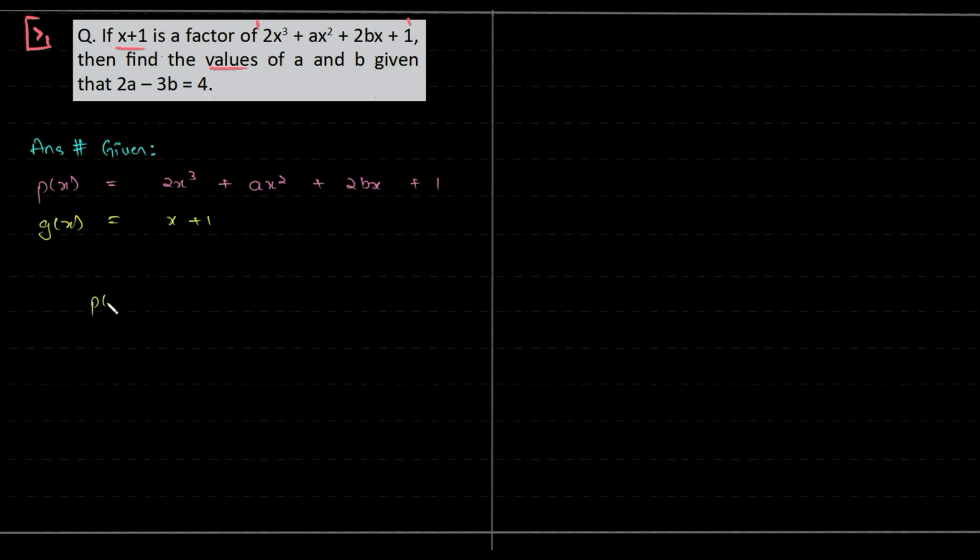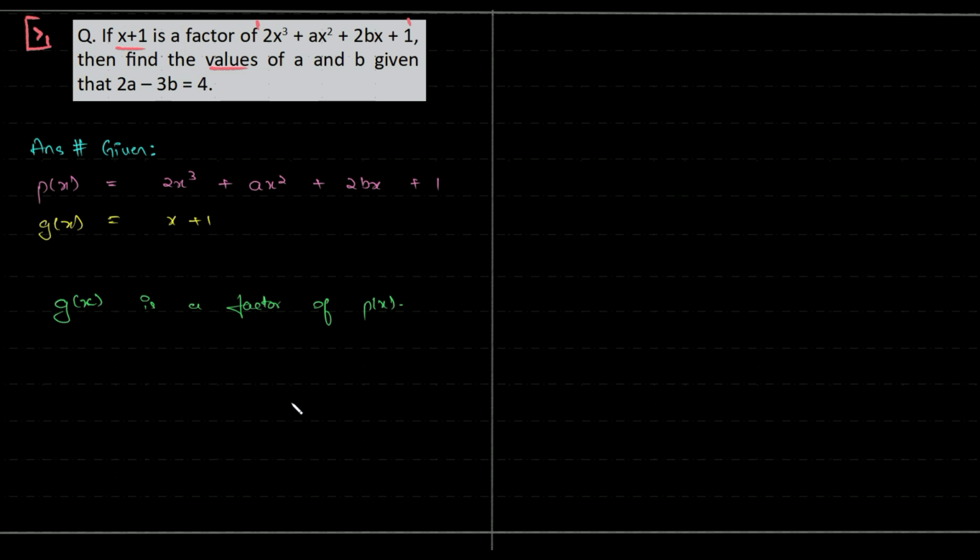So g of x is the factor of p of x. I think that's much easier to write. G of x is a factor of p of x. What does that mean?